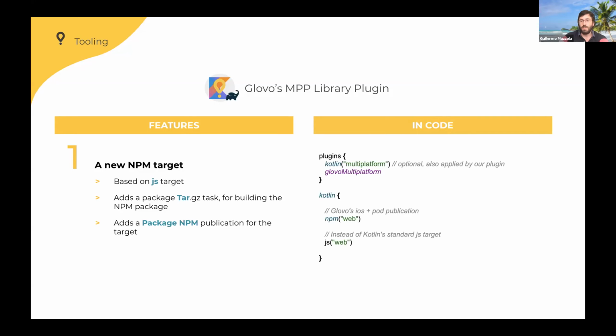This is an example of how the code will look in the Kotlin build script. So instead of declaring a JavaScript target, we declare an NPM target, and that will be all.